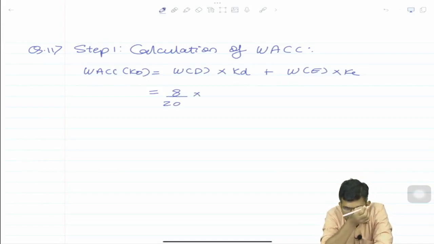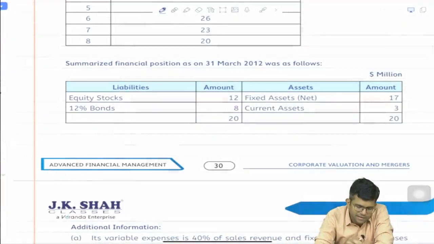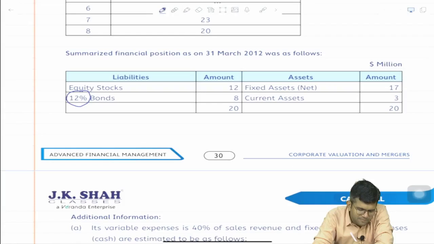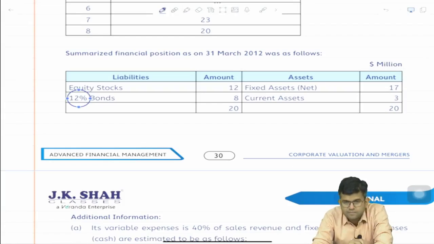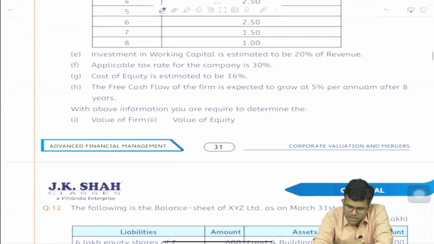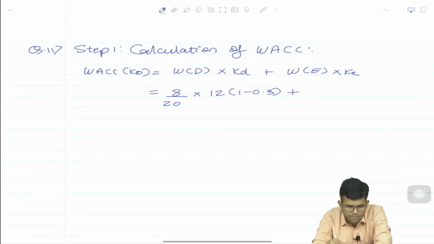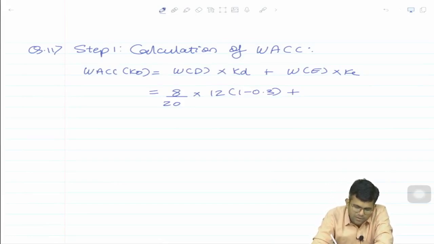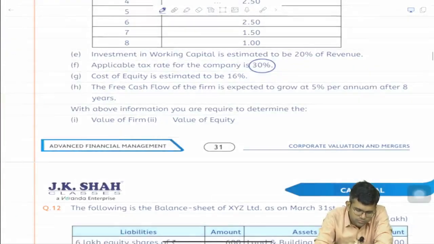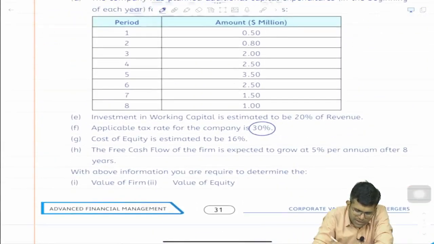Now, how do I get KD? Can I say KD will be interest rate into 1 minus 0.3. I hope you are able to understand. Interest rate 12 into (1 minus 0.3). Weight of equity will be 12 by 20 into the KE, which is given in the question as 16%.